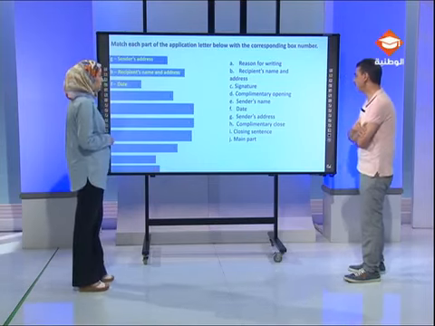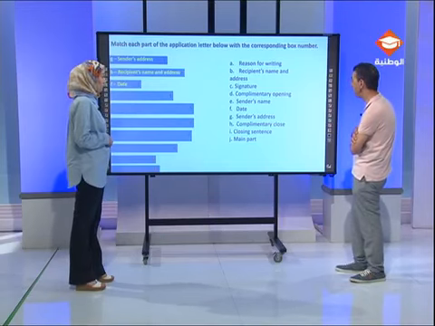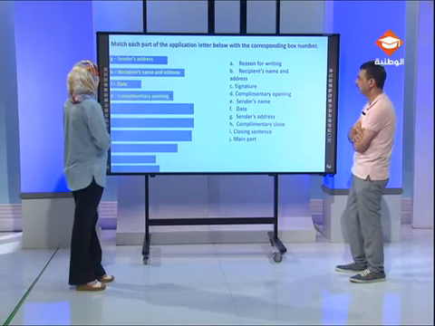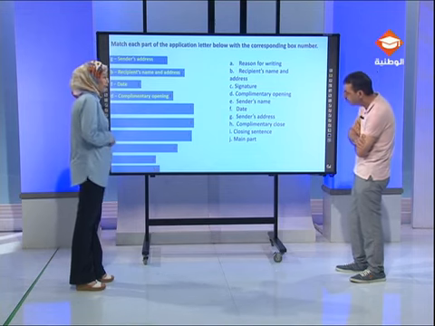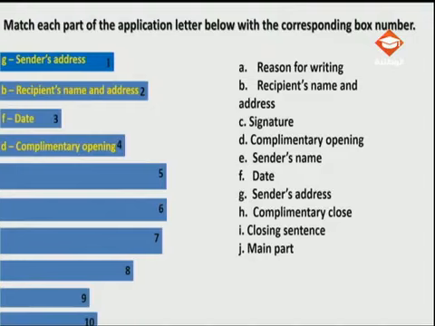Number 4 might be, well, it has to be the complimentary opening. Thank you, miss. So 5, well, logically, it should be devoted to the reason for writing. I should say why I am writing the letter. Excellent. Then 6 is definitely the main part.